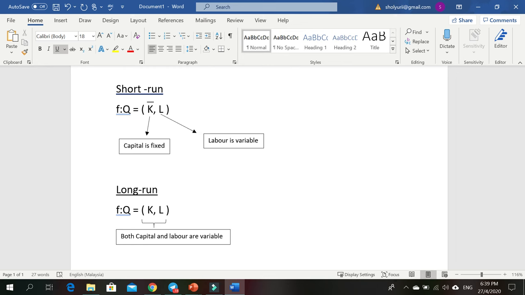Seorang lagi labor. Bila as time goes by, bila permintaan terhadap goreng pisang yang makin banyak, you akan upah lagi seorang labor, jadi tambah lagi RM20, RM40. Tapi cost dia very cheap compared to if you want to add capital. That's why for labor, in the short run, dia akan jadi variable. Okay, to constrain masa short run, we don't have much.